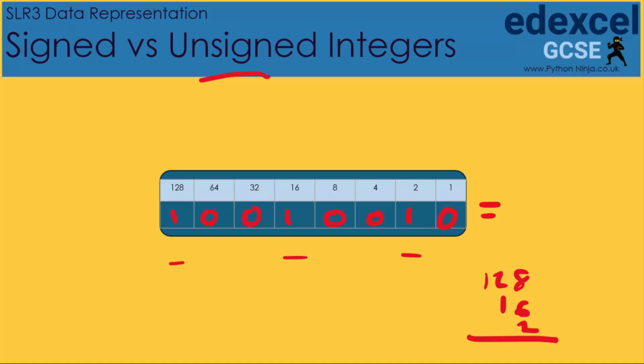So 8 plus 2 is 10 plus 6, so we put a 6 here, carry the 1, so 1, 2, 4. Okay, so the answer is 146. So 128 plus 16 plus 2 is equivalent to 146.